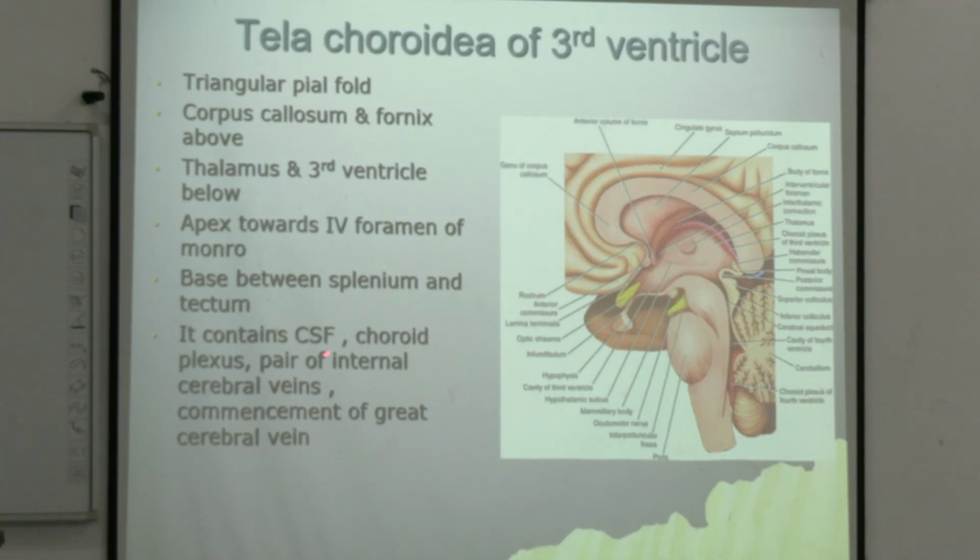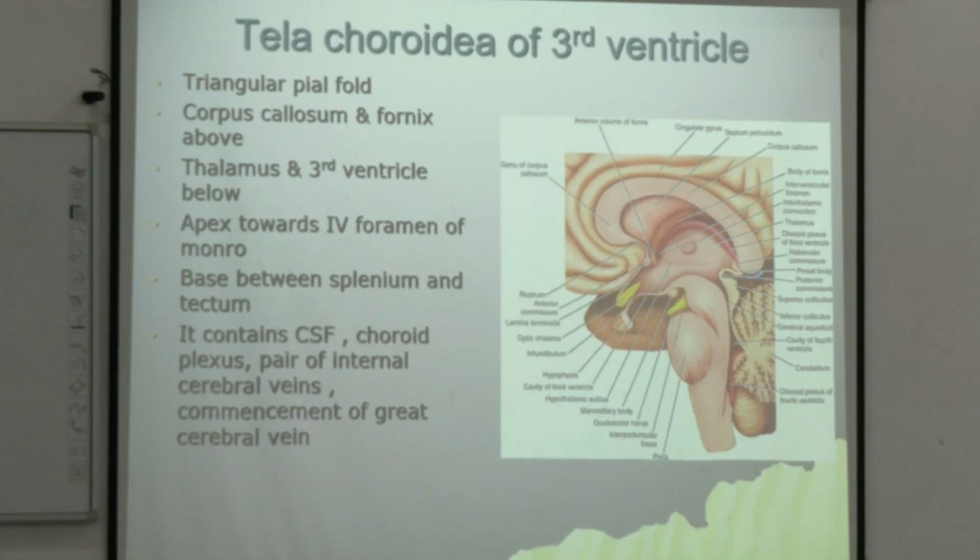It contains CSF, choroid plexus, pair of internal cerebral veins and commencement of the great cerebral vein. Now, if there is a head injury and the hemorrhage is seen in the imaging, it shows how much damage is done.